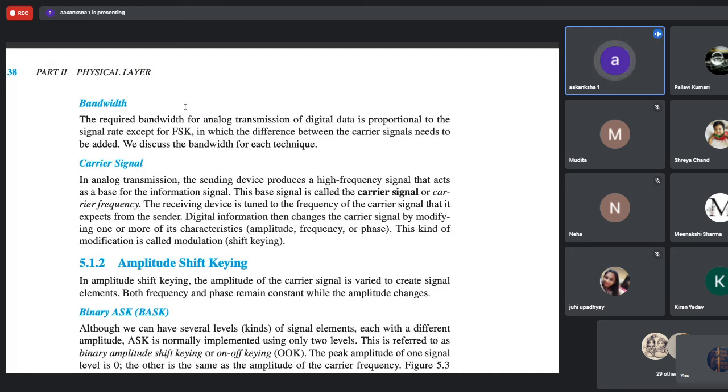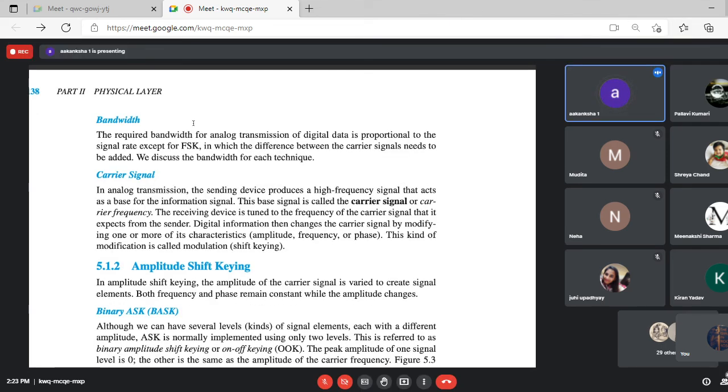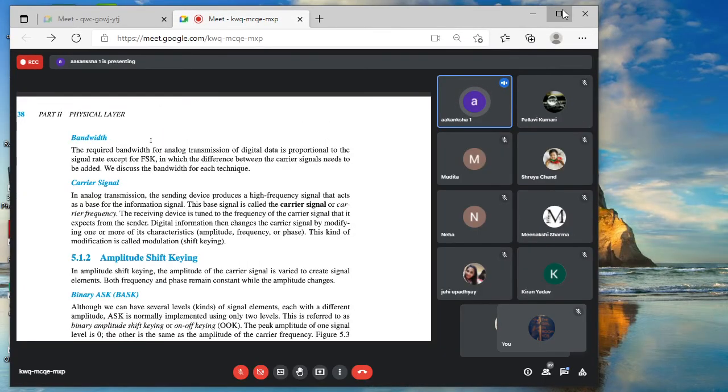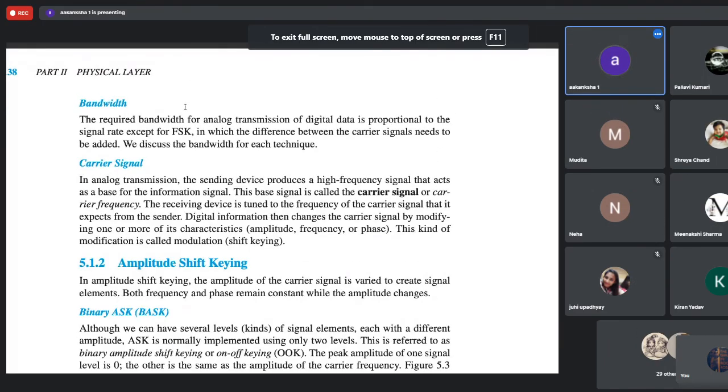So the carrier signal हमेशा high frequency का होता है, और जो information उसमें आ रही है, चाहे वो analog information आ रही है, चाहे digital information आ रही है, वो हमेशा different होता है, ठीक है. So carrier signal is always of high frequency, and it is a base signal on which we are sending the information, and the sender has to send the carrier frequency which the receiver is expecting and tuned to.